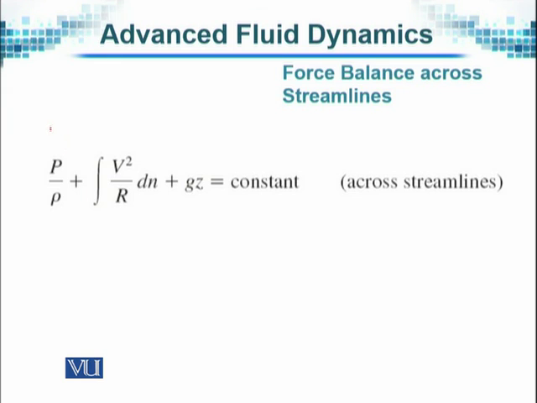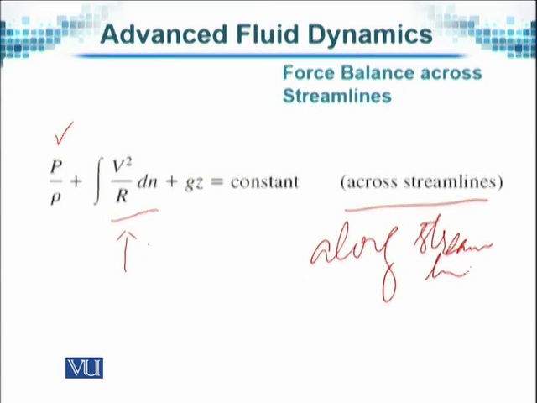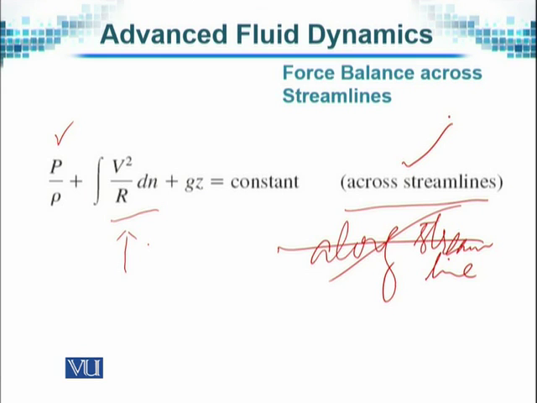We get the same P over rho pressure term. These are the same as in the ordinary Bernoulli's equation along a streamline, but if we are considering the normal direction, then this term is written as the integral of v squared over r dn plus gz equals constant, and that is across a streamline. Note down that this is not along a streamline, not along, but across a streamline in a normal direction.